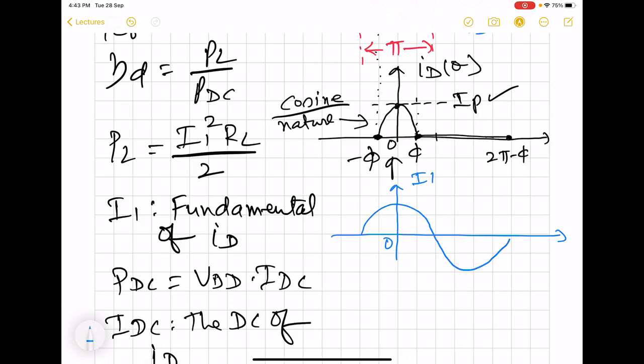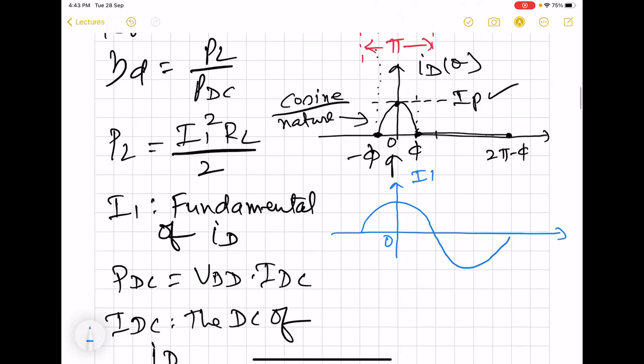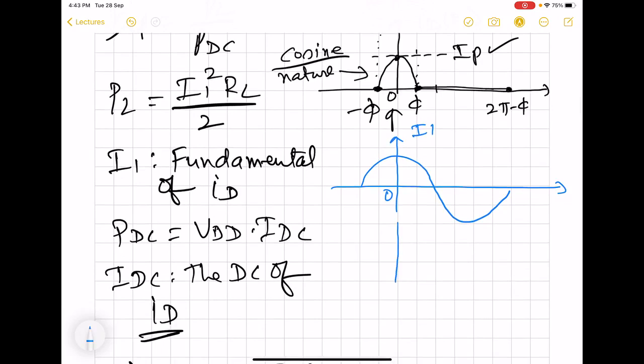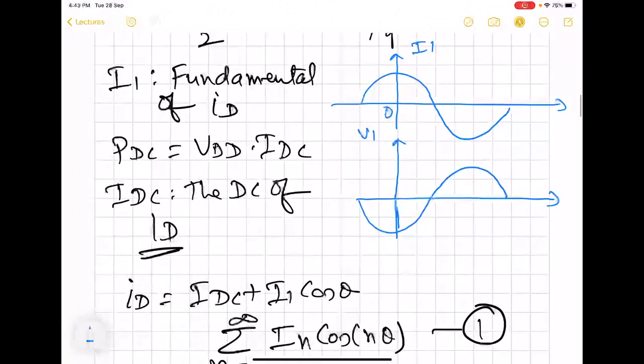So this I1 will now flow through RL to give rise to V1. But its polarity is going to be opposite. And this V1, when gets added with the drain DC voltage, will give rise to total drain voltage. So total drain voltage we can plot here.